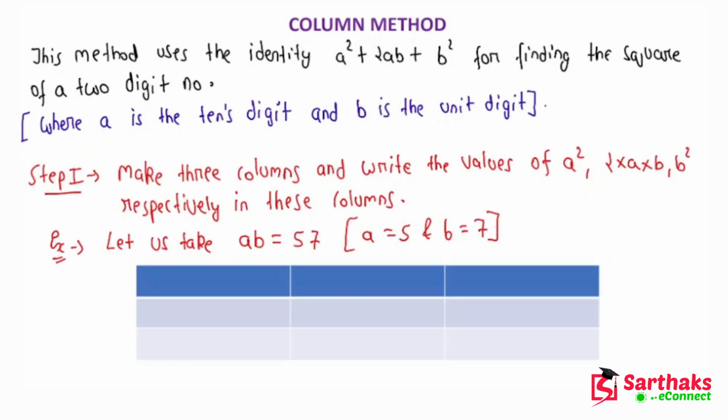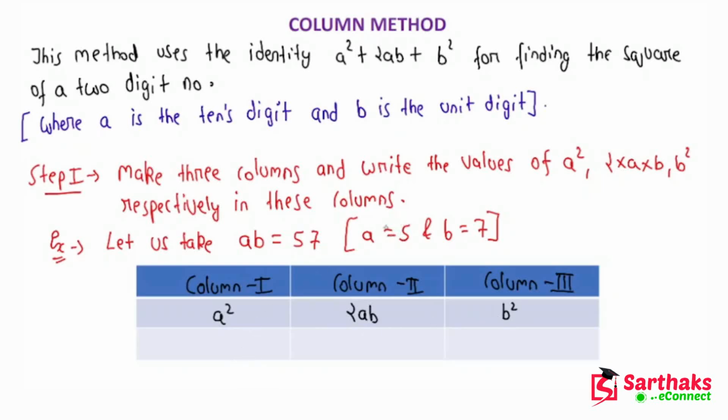Okay, so let me fill up the entries in the columns as per step number 1. This is column 1, this is column 2, and this is column number 3. According to the steps, we have to fill A square here, 2 into A into B here, and B square over here.